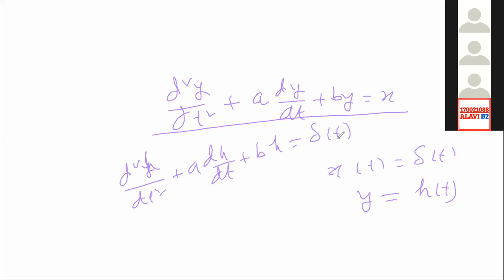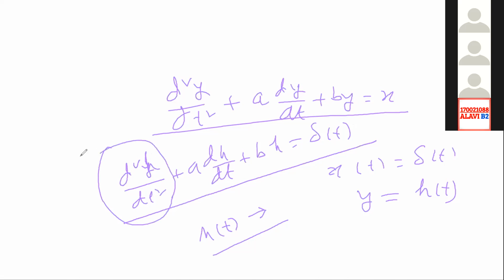Now you can easily identify what will be the nature of our solution. If we have a solution of this type, can you tell me, just intuitively, what will be the nature of h? Your nature of h can easily be determined by examining the input-output relationship. You see that the highest derivative is the second derivative, isn't it? So the second derivative of the quantity must be a delta, otherwise they cannot be equated.